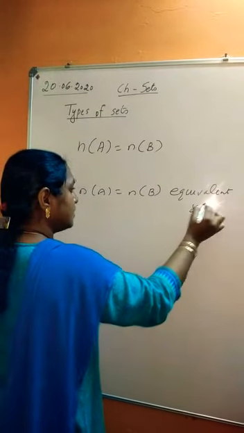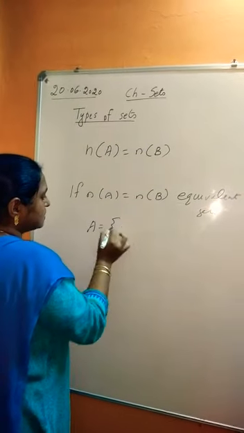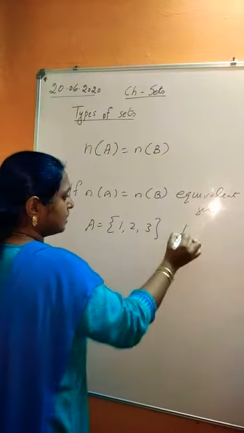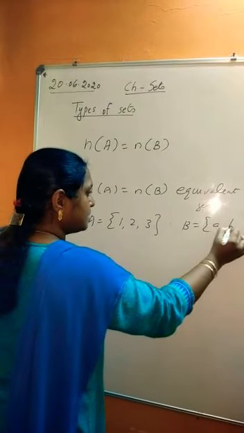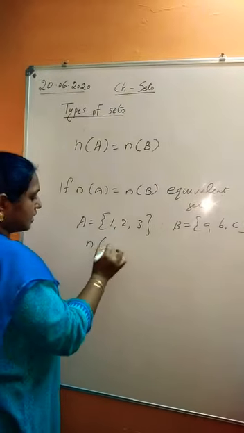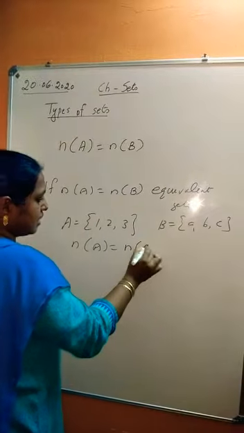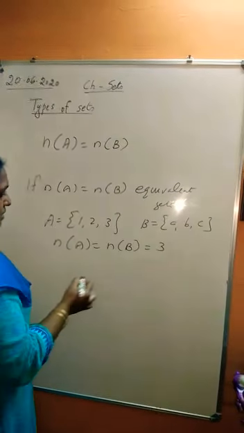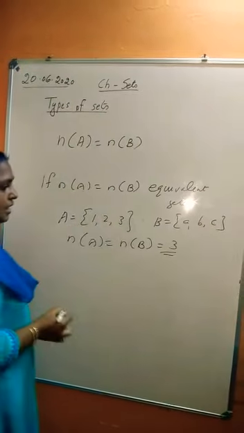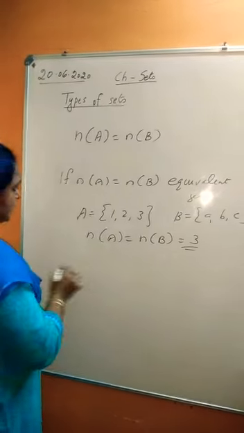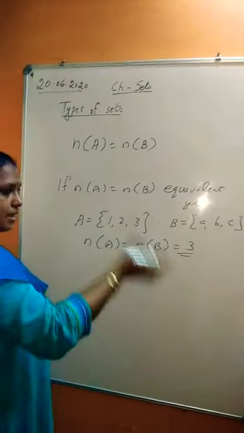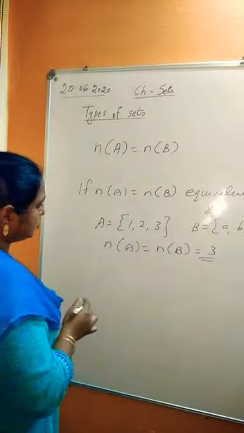An example of equivalent sets: A is equal to the set 1, 2, 3. B is equal to the set a, b, c. We can see that in both cases, the number of elements is the same. n of A is equal to n of B is equal to 3. So these two are equivalent sets. Now for equal sets, the number of elements should be the same, and at the same time, the elements should also be the same.